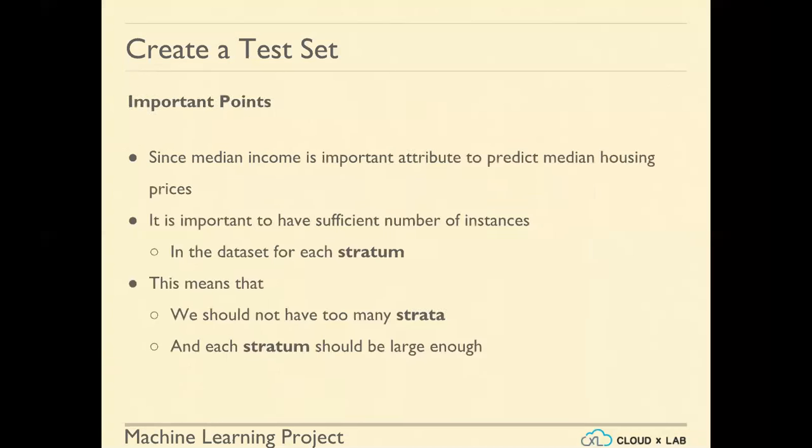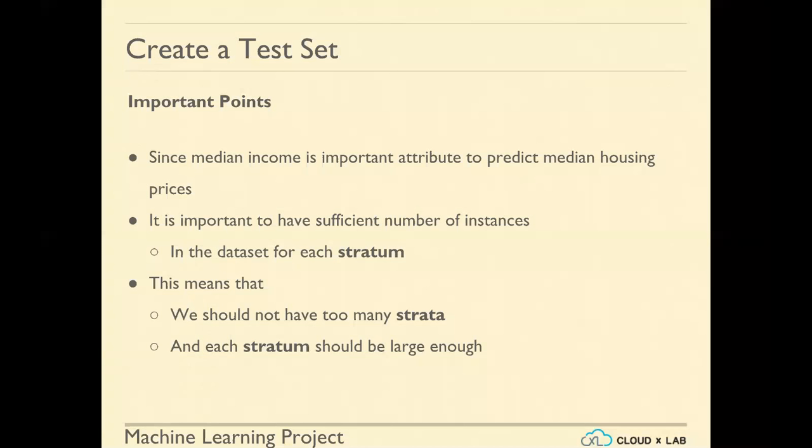Since median income is an important attribute to predict the housing prices, it is important to have a sufficient number of instances in the data set of each stratum. So we'll create the strata out of this data, and we will take a random sample from each stratum, just to ensure that we have a sufficient number of instances from each stratum.